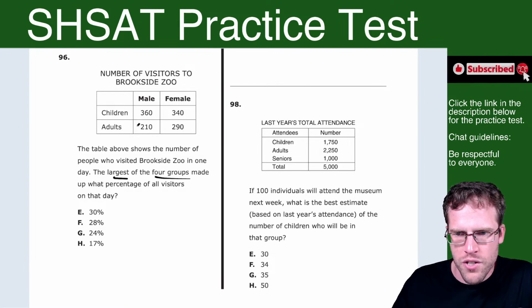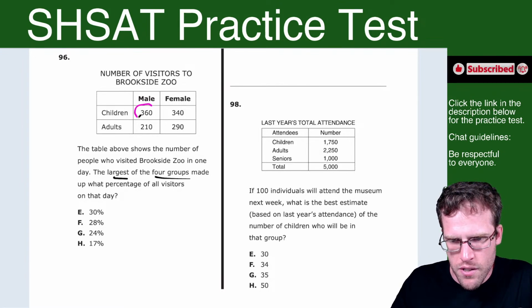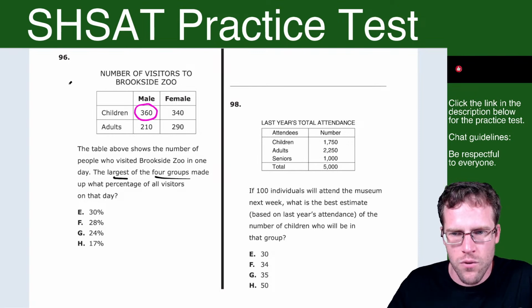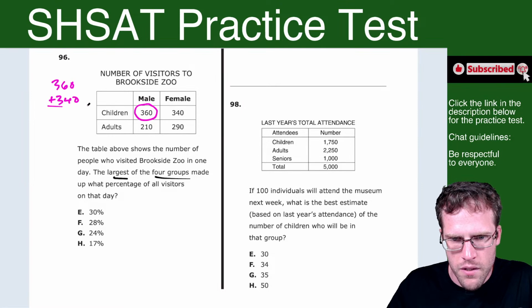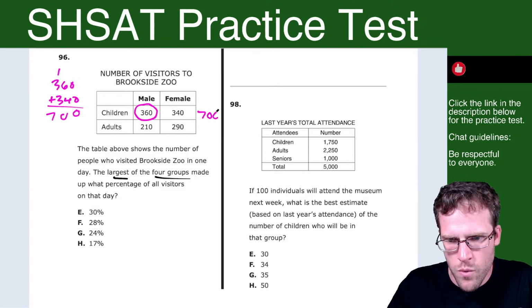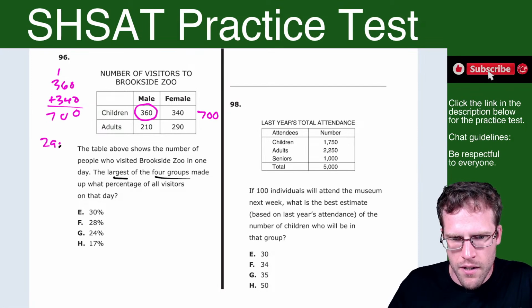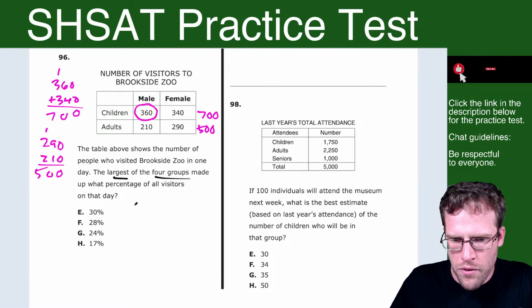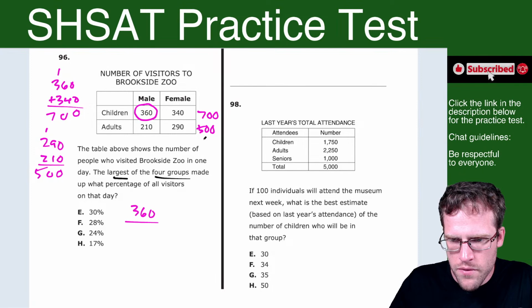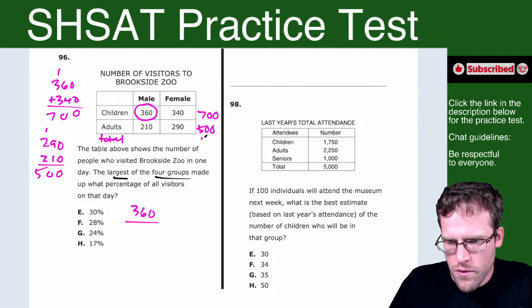So the largest is 360. But now we've got to find the totals. So 360 plus 340 is 700 kids who went. And then if I add up the adults, it's 500 adults. So 360 out of, in total, 1,200.